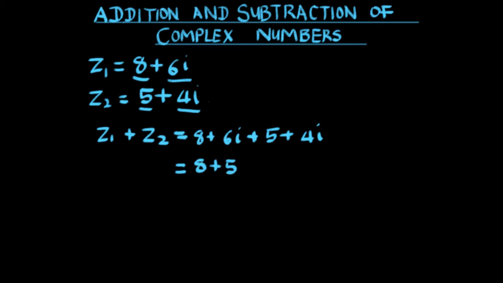We pair imaginary numbers to imaginary numbers, so we have 6i plus 4i. So 8 plus 5 gives us 13, plus 6i plus 4i gives us 10i.